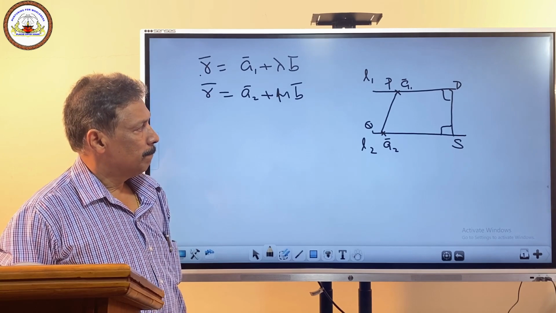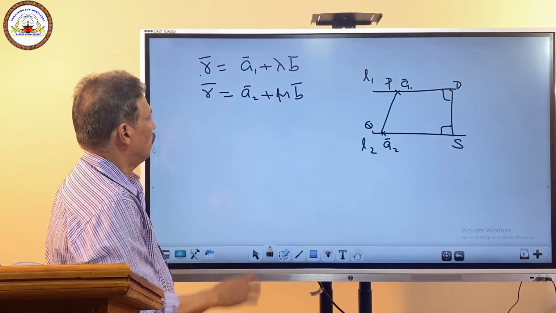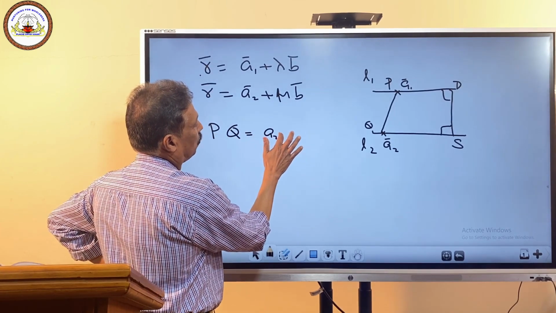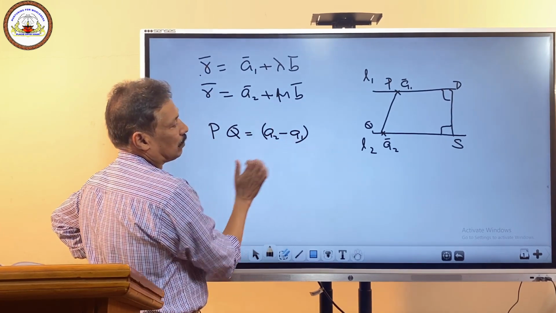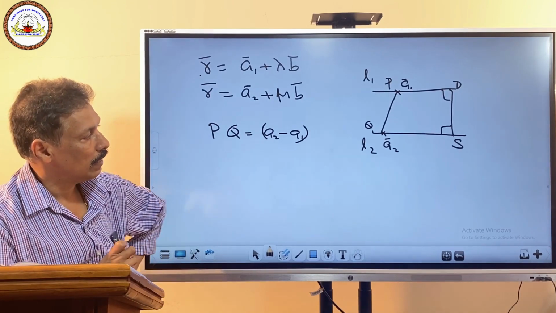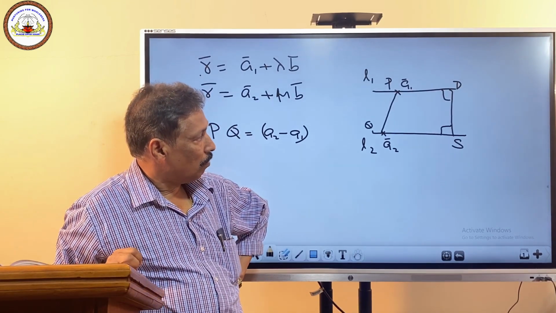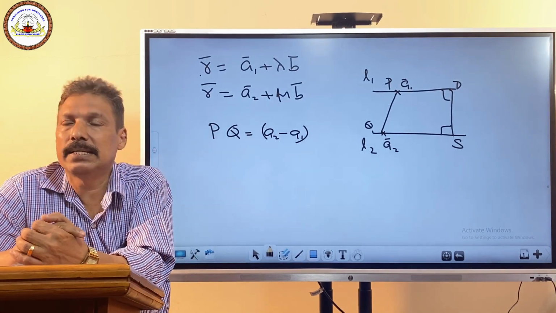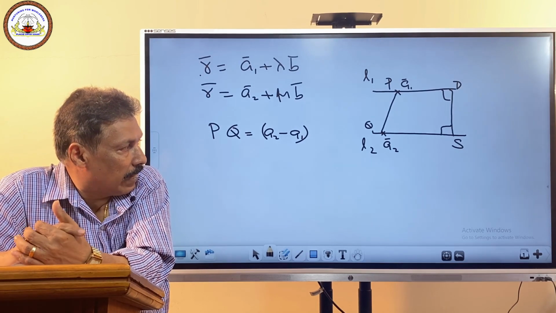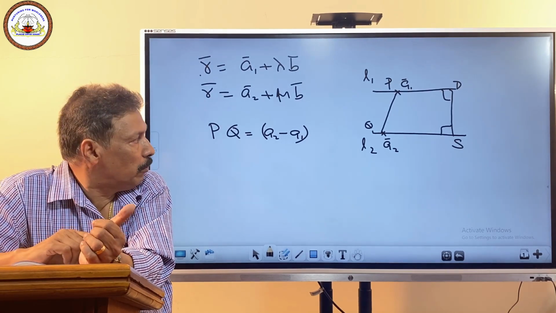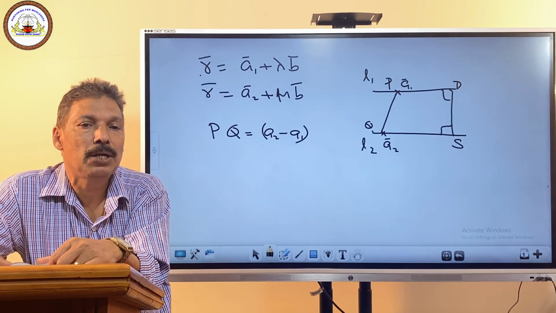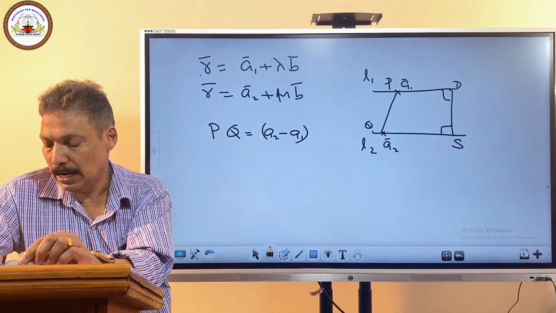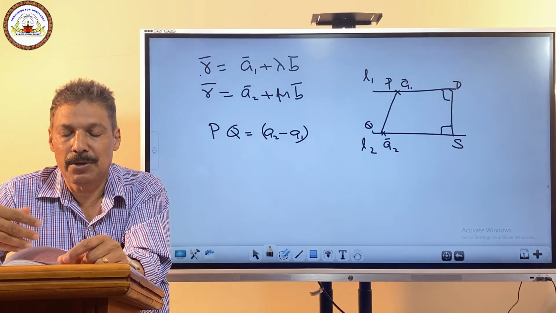And here PQ bar is A2 minus A1. Then the projection of PQ on SD. The SD is the line which is perpendicular to both lines L1 and L2.